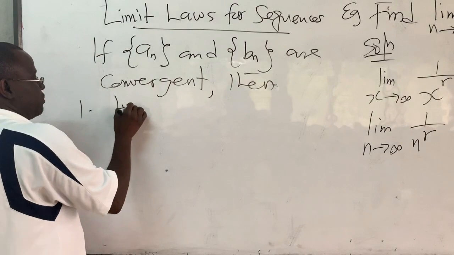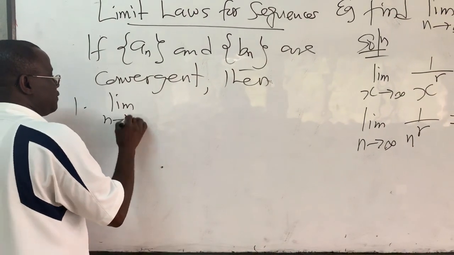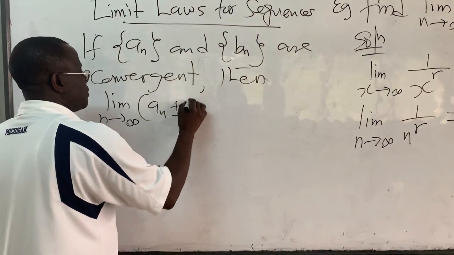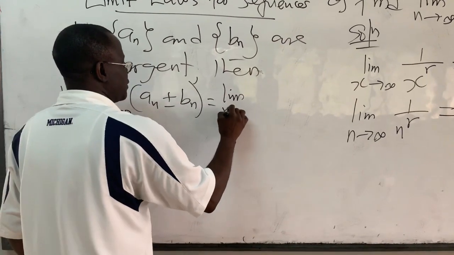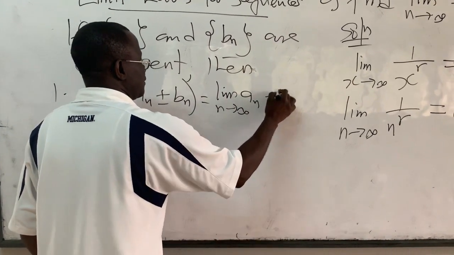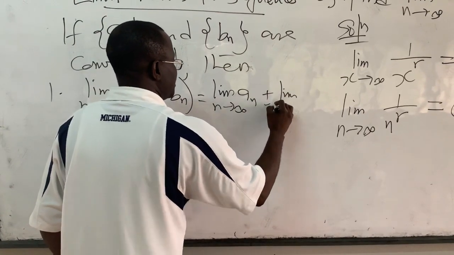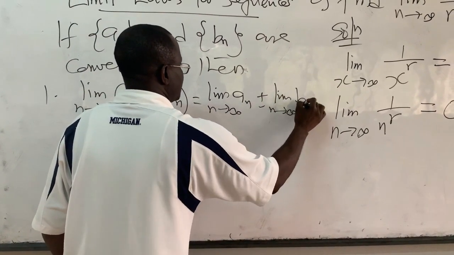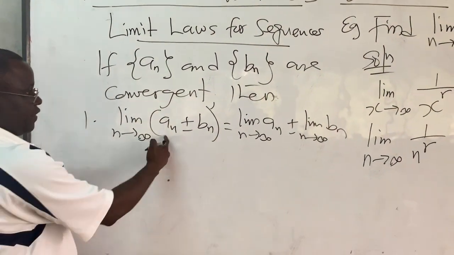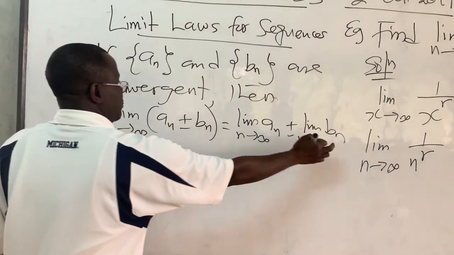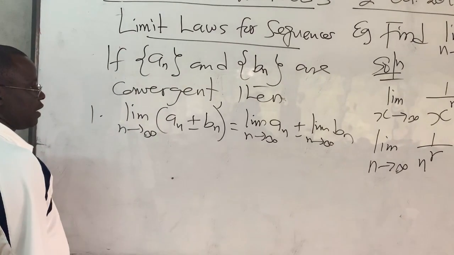Number 1, the limit as n goes to infinity of a n plus or minus b n is equal to the limit as n goes to infinity of a n plus or minus the limit as n goes to infinity of b n, if these limits are convergent, right?